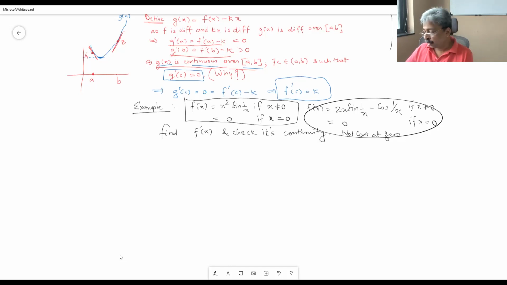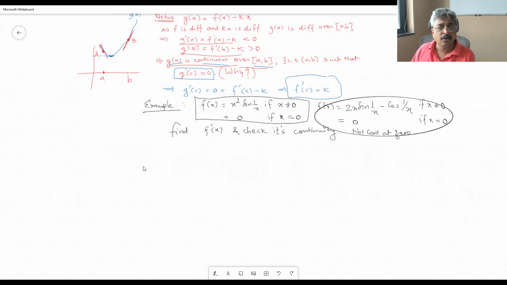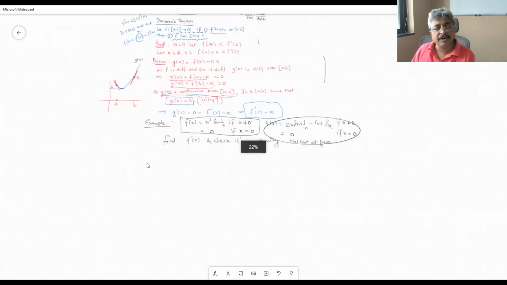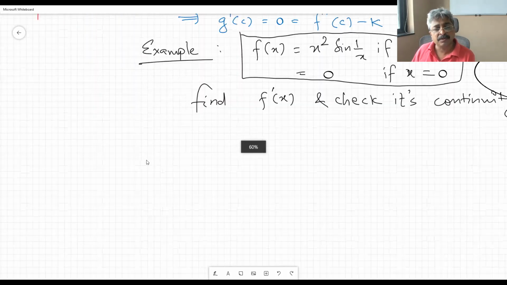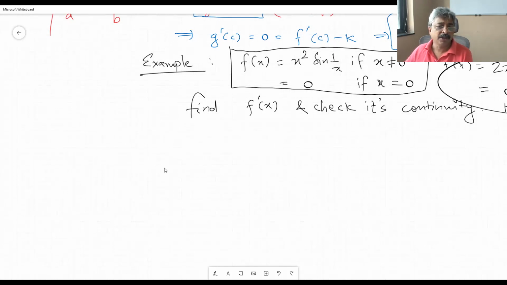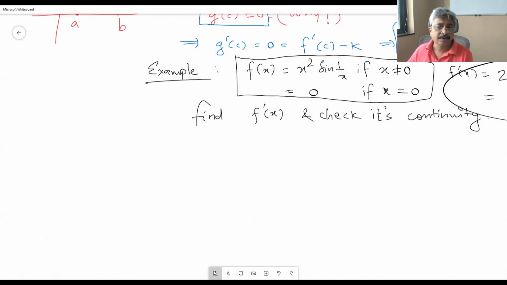So let me draw and you tell me. If a function looks like this, we call it convex. If the function looks like this, we call it concave.